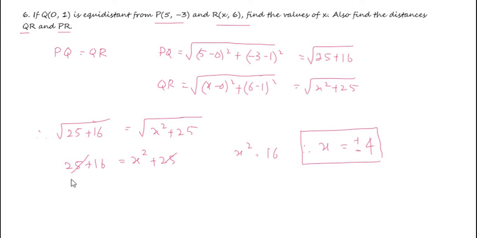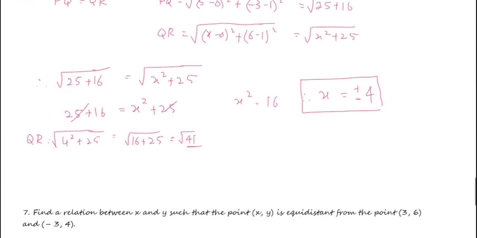QR is given here, QR equal to square root of x square, that is 4 square plus 25, that is 16 plus 25, answer is square root of 41, that is the value of QR.